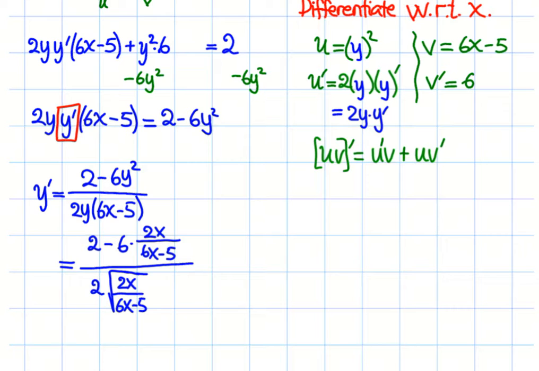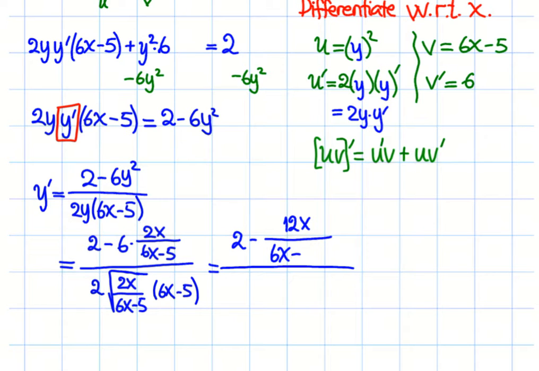And then times 6x minus 5. Right, we just need to simplify this. Before we simplify, I will rewrite the denominator just a little bit. So on the top we have 2 minus 12x over 6x minus 5.